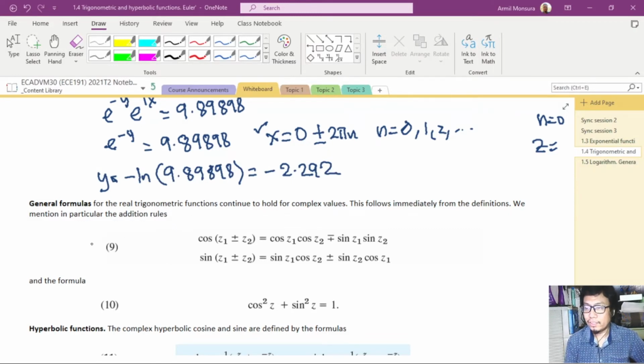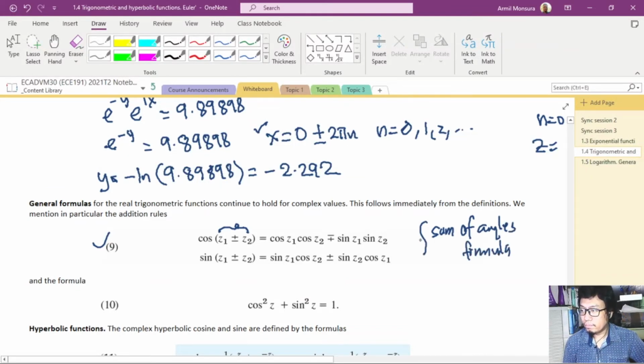For example, formula 9 for cosine and sine establishes the identities for the sum of two complex numbers, the cosine of the sum of two complex numbers and the sine of the sum of two complex numbers. They are basically the same as your sum of angles formula.